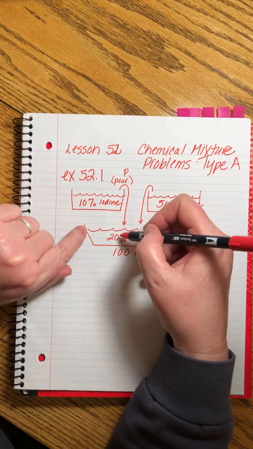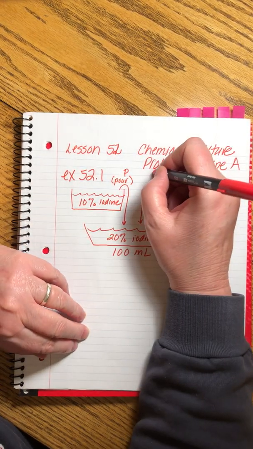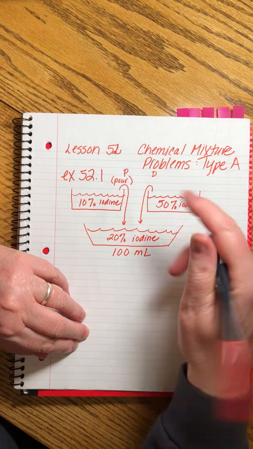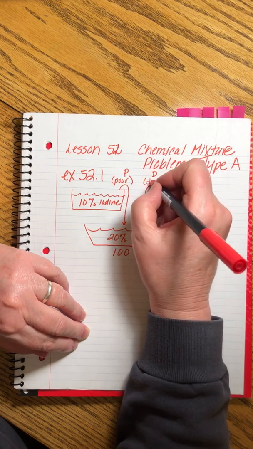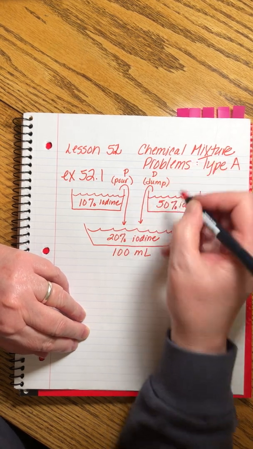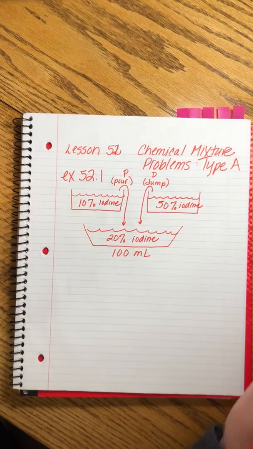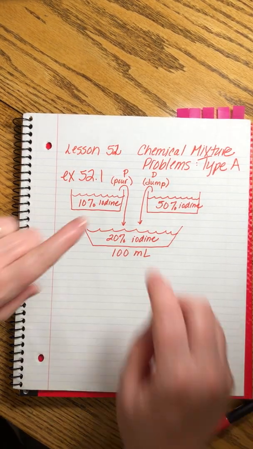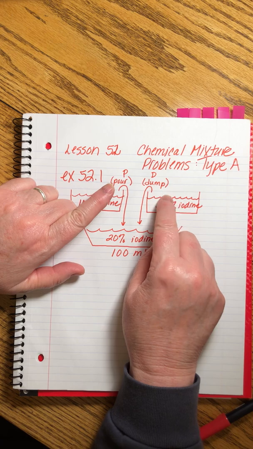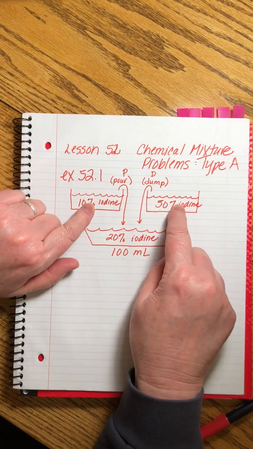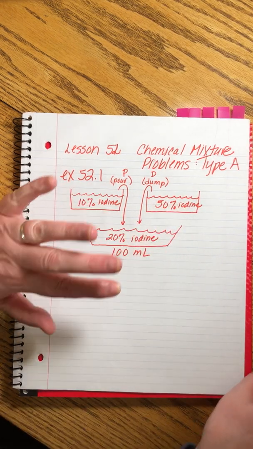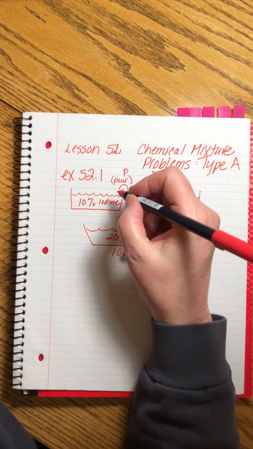That's the amount we're gonna pour in of the 10%. This one, the amount we put in of this, he calls D for dump. We're dumping in that much. This clever little way of using 2 different verbs allows us to create 2 variables for our 2 different solutions without it feeling too random and confusing, right?